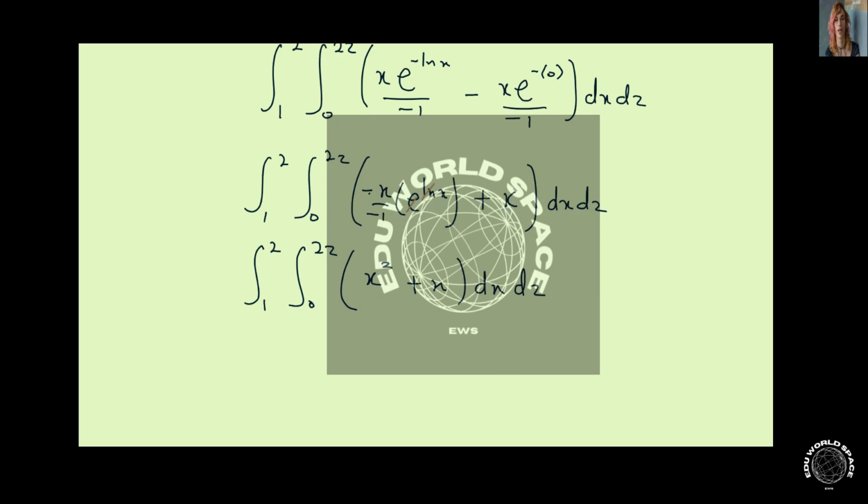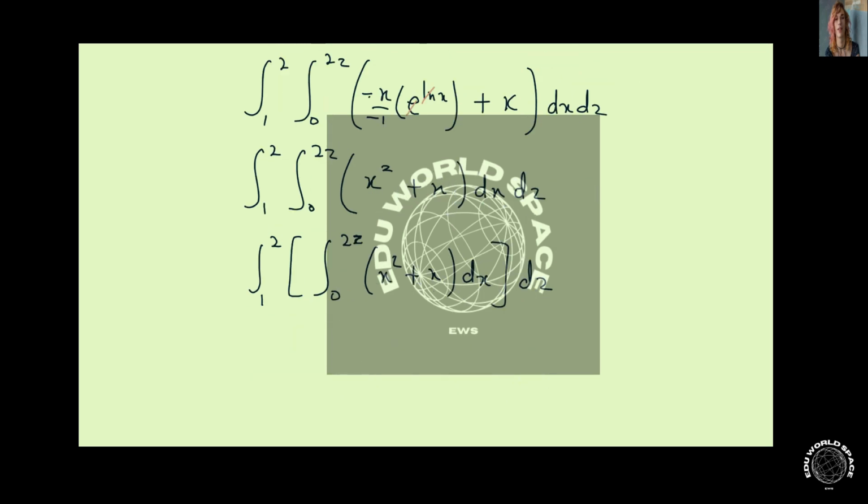Okay, so now we can have integral from 1 to 2. Our new innermost integral becomes x squared plus x, we have dx. Going forward, let's integrate this.